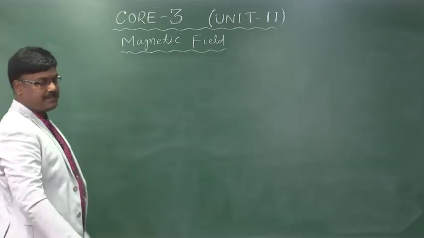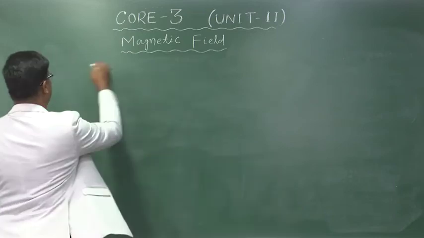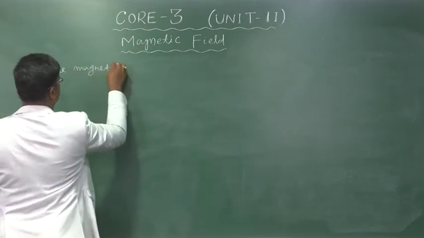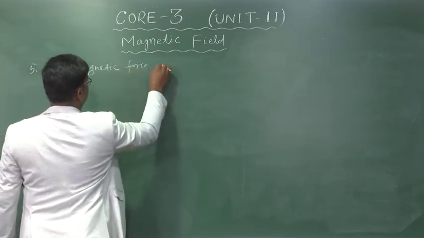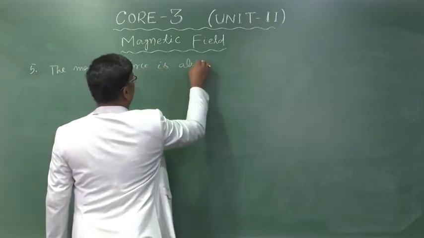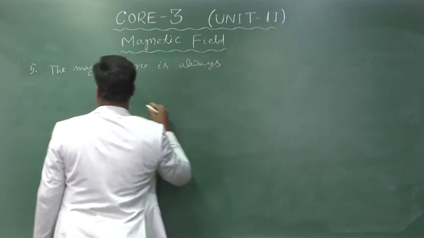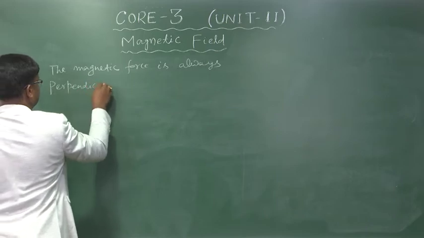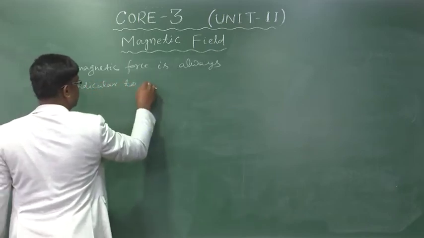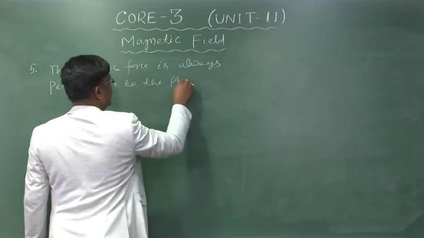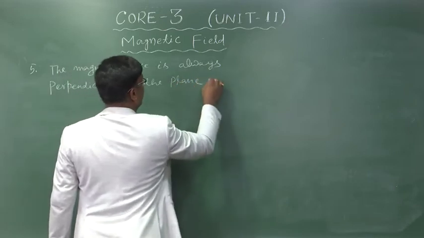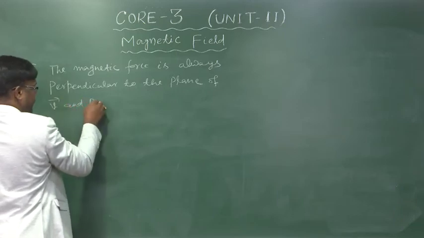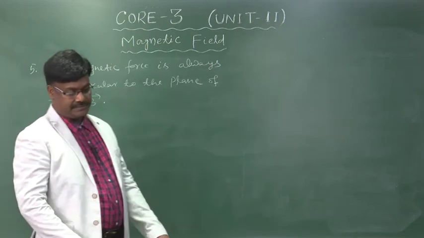Number 5 point: the magnetic force is always perpendicular to the plane of the v vector and B vector.